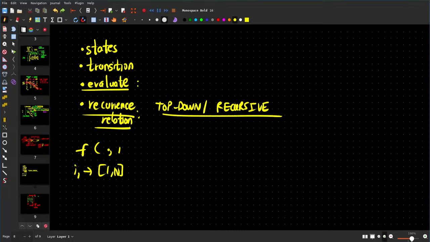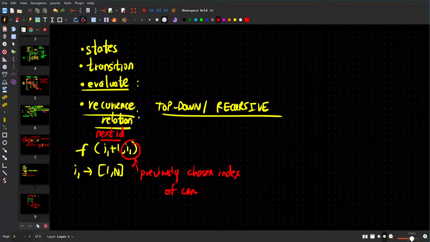Let me also denote what these say. So this is the next index, this is the previously chosen index of construction, and this is a possible index.